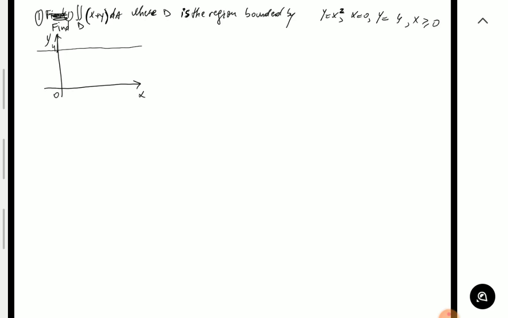I don't want to put the left side, to the left of the y-axis. Okay, so y equals x squared with x greater than 0 is this branch of the parabola.